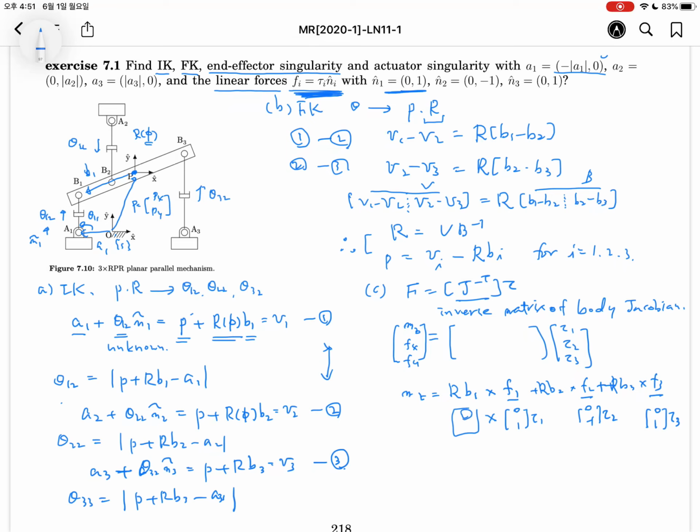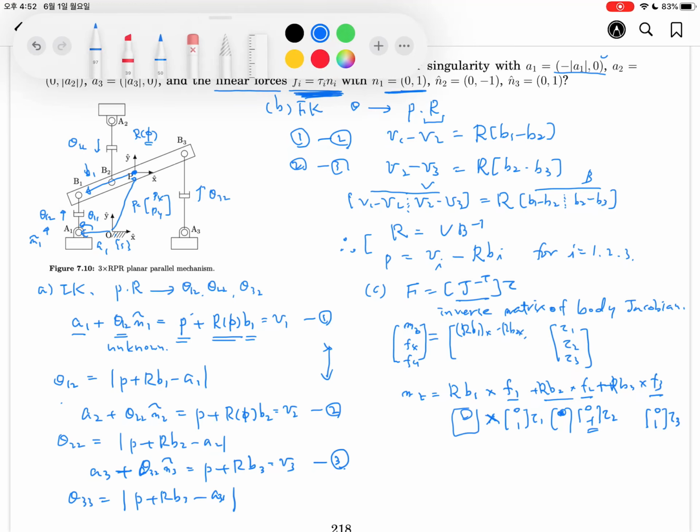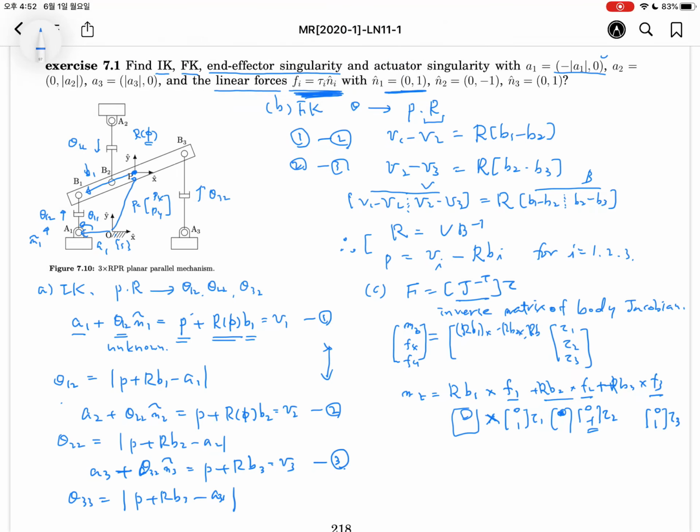The first element will appear in the z direction according to the definition of the cross product. So R b1x will appear in the z direction. How about this one? Maybe the first element will be in the minus direction, so minus R b2x. The third one will be R b3x.